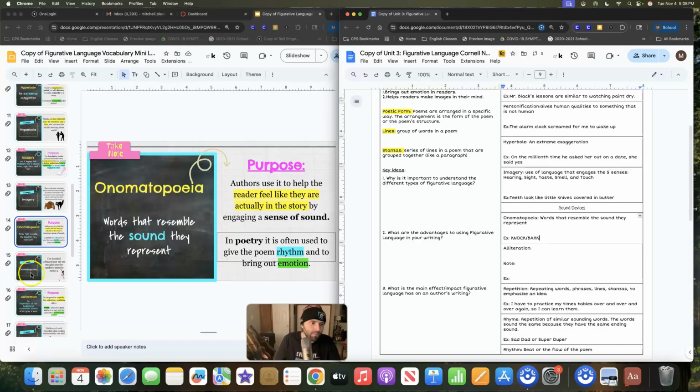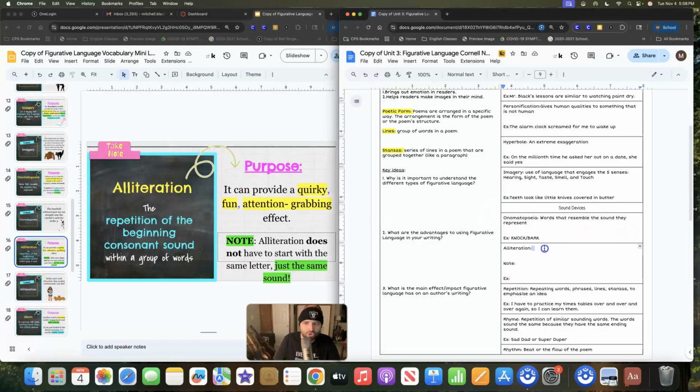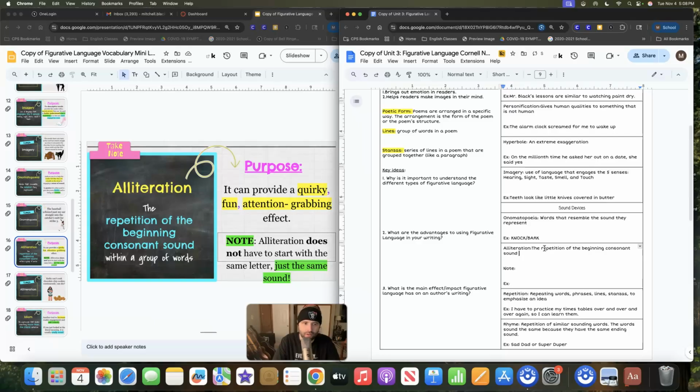Okay. Now, alliteration, we struggle with this one, but we shouldn't. We shouldn't struggle with alliteration as much as we do. Alliteration is the repetition of the beginning consonant. It has to be consonant sound within a group of words.